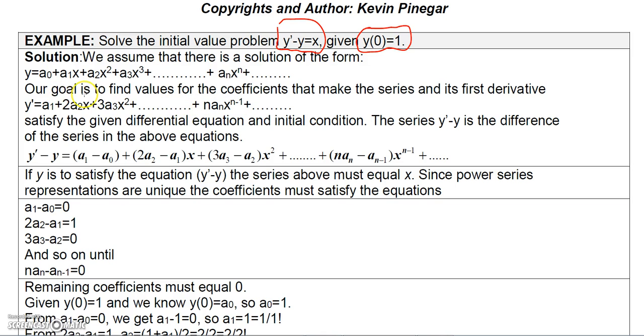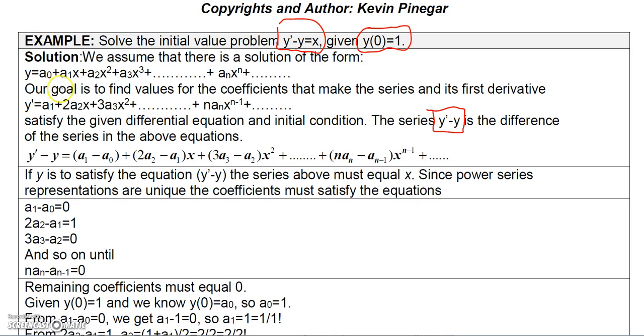Okay, well, the series y prime minus y is actually the difference of the series in the above equations.